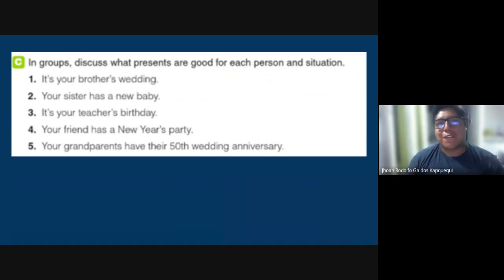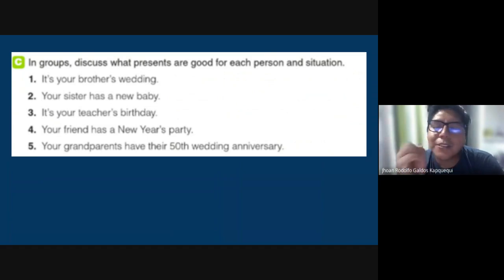We cannot give, for example, a baby bottle or a baby cart for a person that is celebrating his 25th birthday. We have to take in consideration what that person wants, or maybe the type of celebration that we're going to. So you're going to be divided in groups, and you're going to be discussing these five aspects.